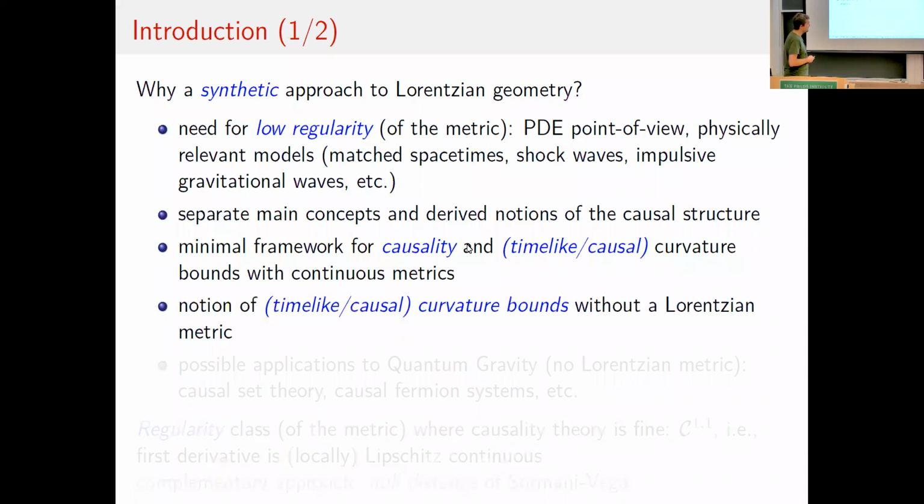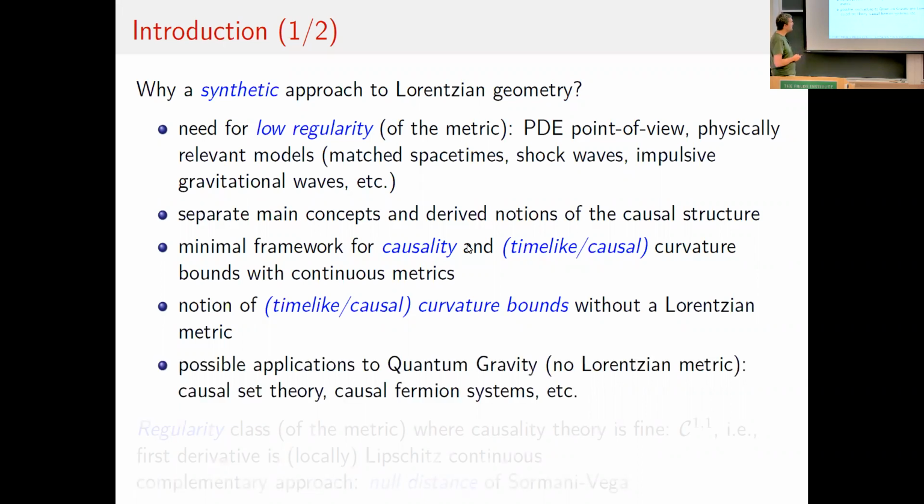Connected to that is that this then allows you actually to also define curvature bounds without having even a Lorentzian metric. And this is connected to possible applications to quantum gravity, because there you might not have a Lorentzian metric. For example, there's causal set theory or causal Fermion systems or other approaches where you don't have a Lorentzian metric.